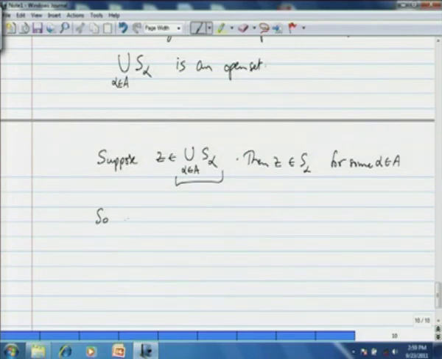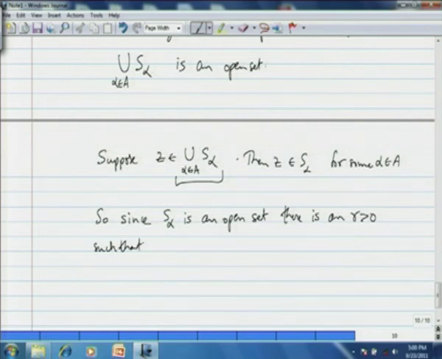So, since S alpha is an open set, there is an r positive such that B(z, r) is contained in S alpha. That is by the definition of an open set.